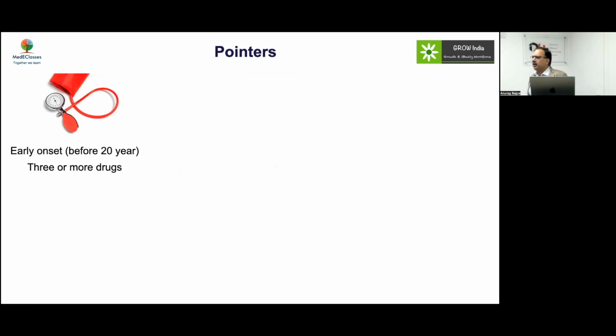But if you have a young individual with hypertension, we are always worried about that. If there is an onset of hypertension before 20 years of age, and in children, we know that first you have to exclude all the renal parenchymal and the renovascular causes. Once you have done that, you can think of pheochromocytoma, you can think of coarctation of the aorta, then you're talking about an endocrine cause or a low renin cause of hypertension.